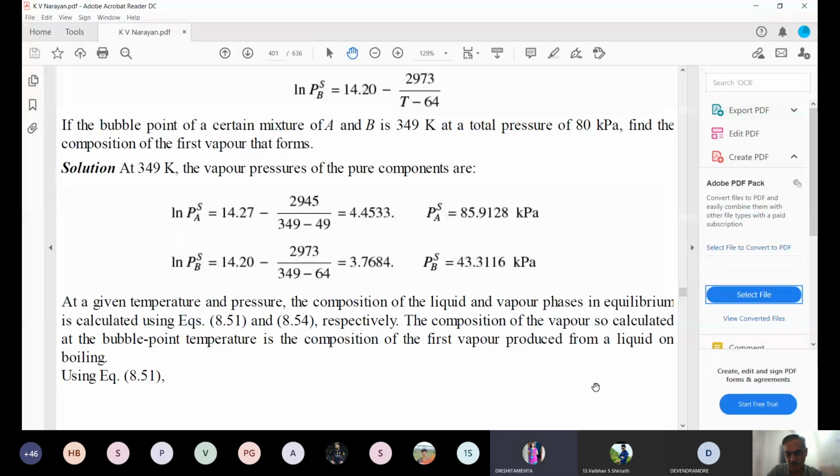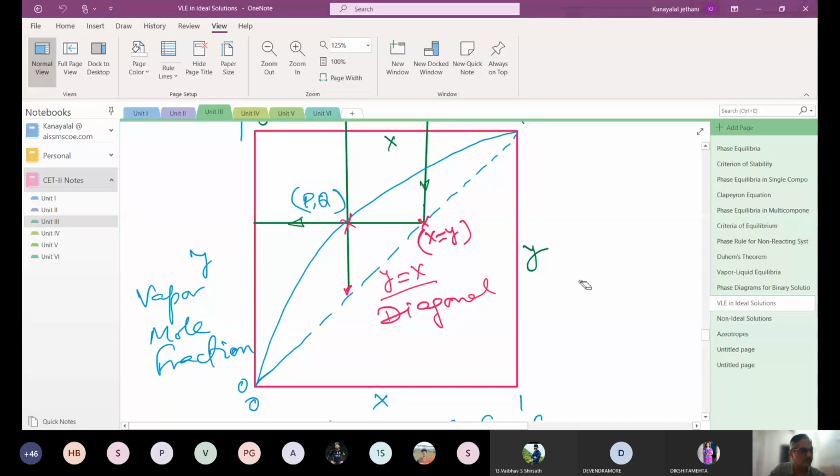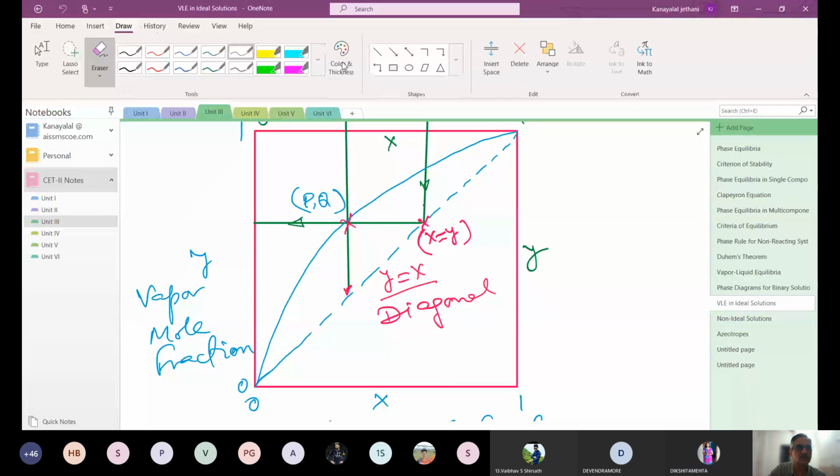86. So you saw the y-x diagram that we saw, right? We have seen this y-x diagram, if you remember that. Can you see the y-x diagram? Yes, sir. So if I take any value of x here, say 0.86, at this point x equals y, right?